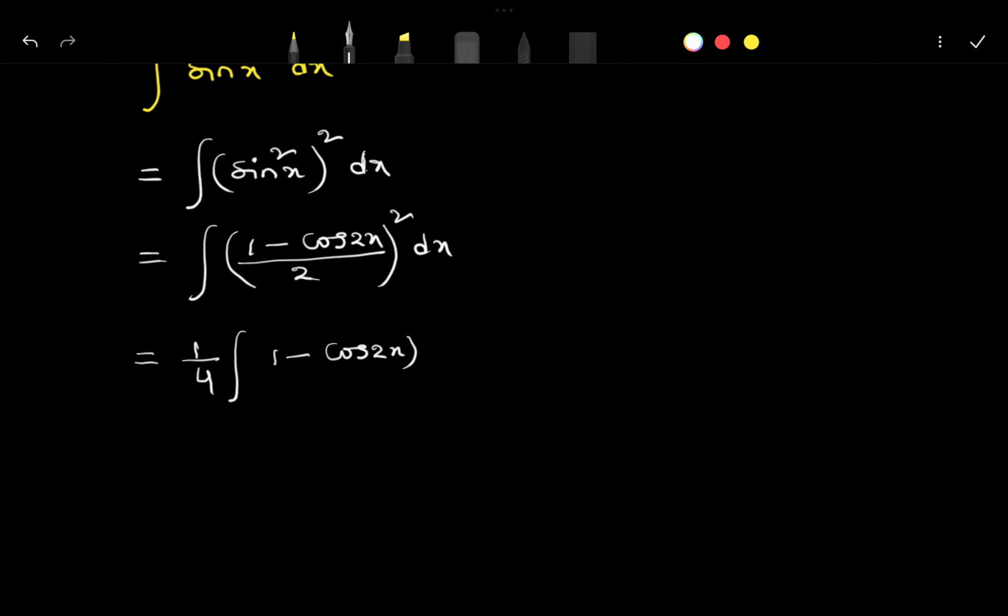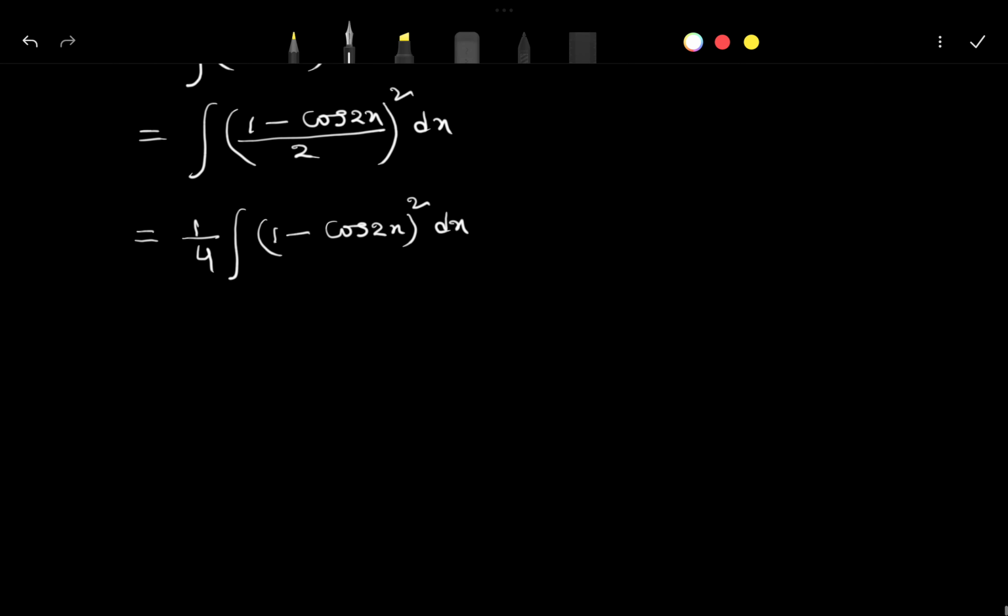This expression is in the form of a minus b whole square, which is a square minus 2ab plus b square. So 1 by 4 into the integration of 1 minus 2 into cos 2x plus b square, and b square will be cos square 2x, into dx.